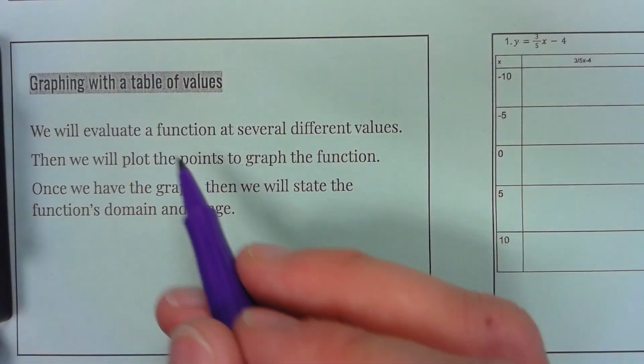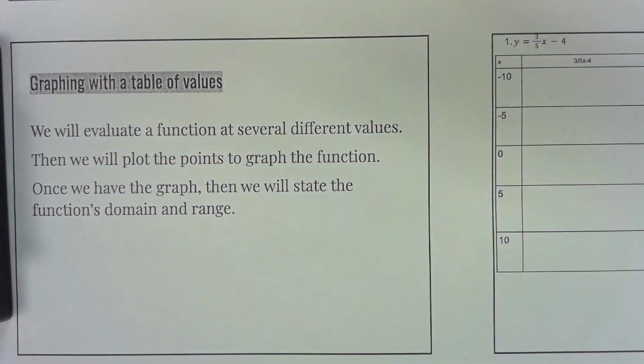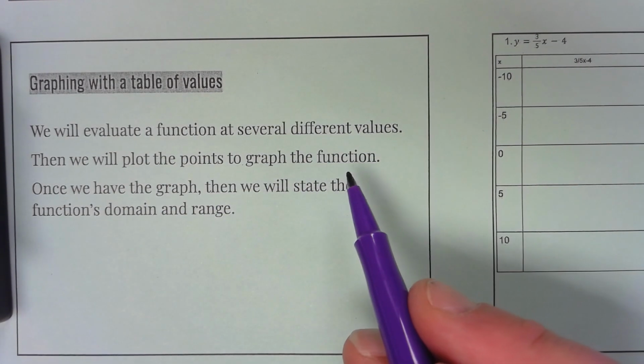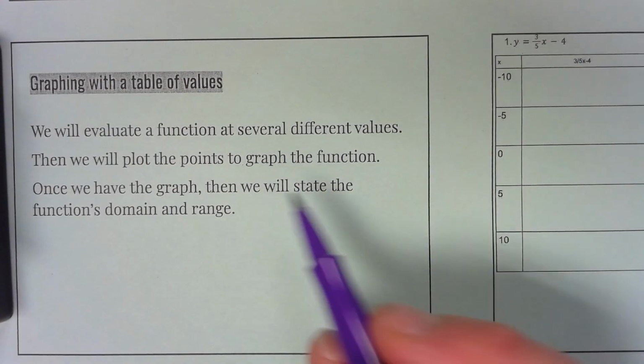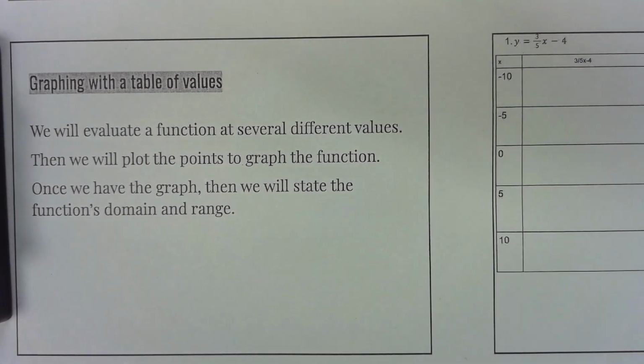So we're going to evaluate functions at several different values. We have done this before. Then we're going to plot the points on the graph to ultimately come up with the graph of the function. Once we graph, then we're also going to state the function's domain and range. For today, we're only going to focus on 2 types of functions. We're going to split this up into 2. So we're going to do linear and quadratic functions today. And that's another thing I want us to add into this, which is identifying the type of function.